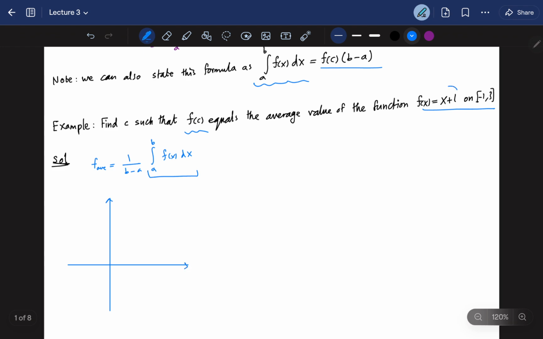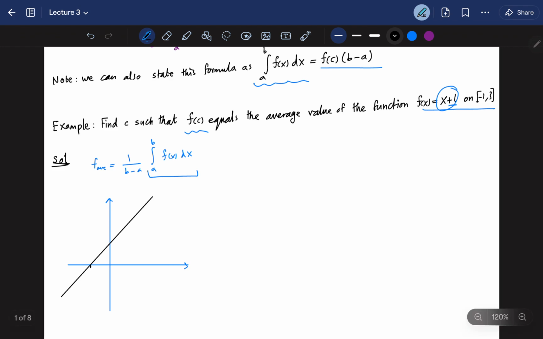So since I have x plus 1, I know that I'm going to graph the line y equals x, and then I have a shift upwards by 1. So if we graph it, it's going to look something like this.